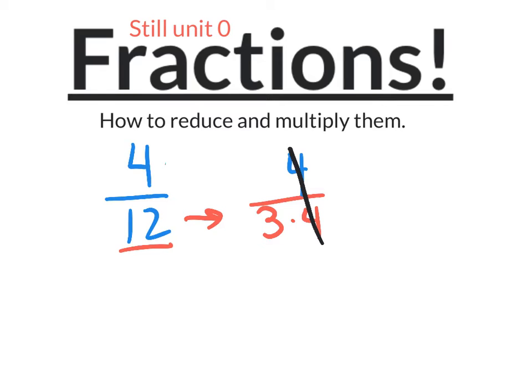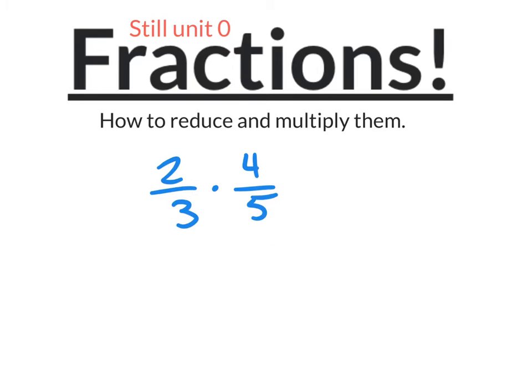What is left on top? Nothing, which means I have to put a 1 up there. And what's left on the bottom? That 3. So that's why 4 over 12 reduces down to 1/3. I know you're thinking, why are we doing this in a weird way? Why don't I just divide both top and bottom by 4? Because this is going to help us in the future when we start multiplying fractions.